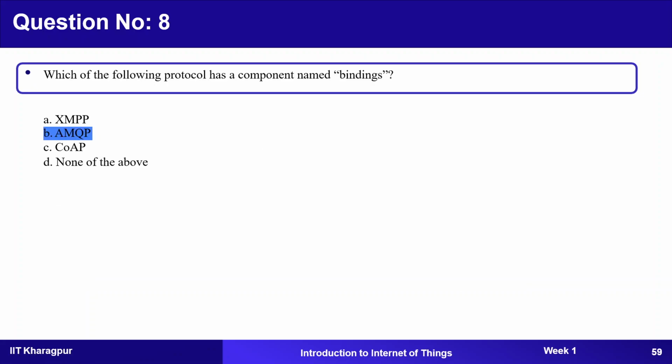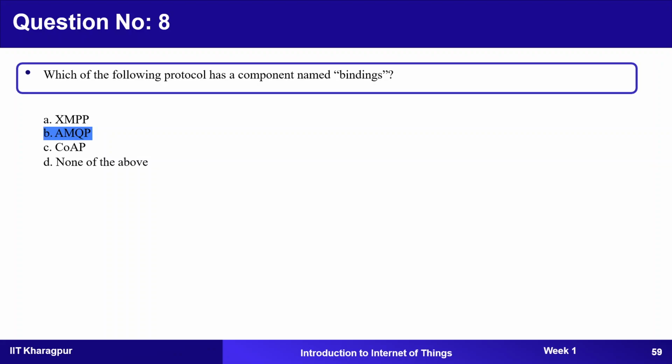In the last example that we discussed, the temperature sensor, can we use AMQP there? Whenever the sensor publishes, pushing the temperature information to the queue, the client will automatically be notified. So in that case you can use AMQP.